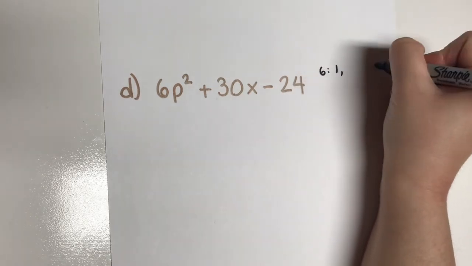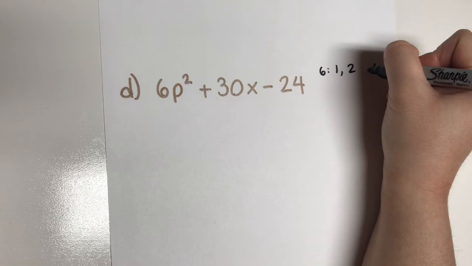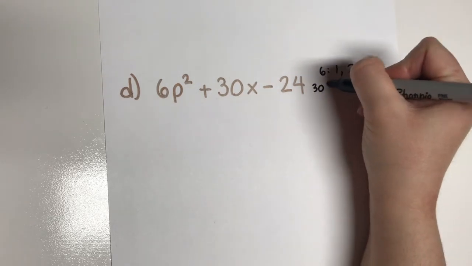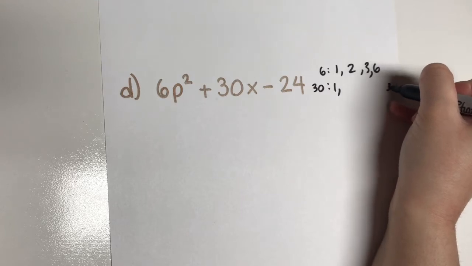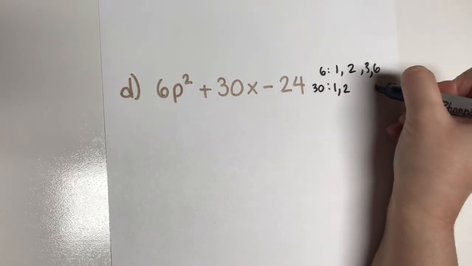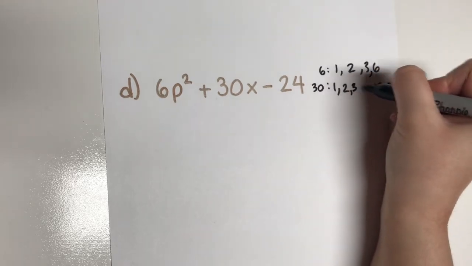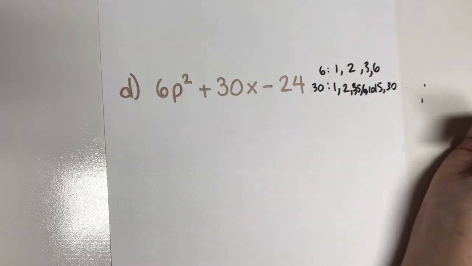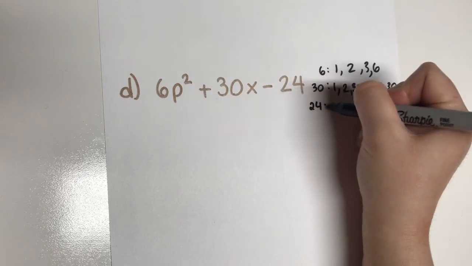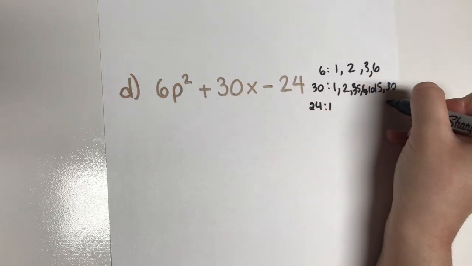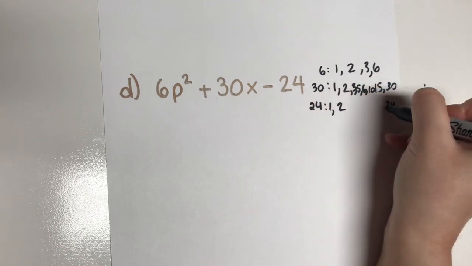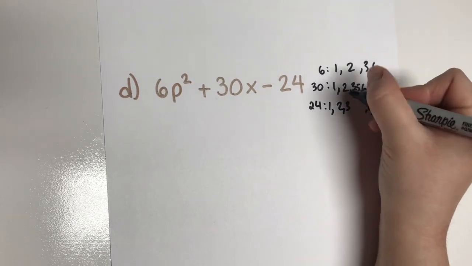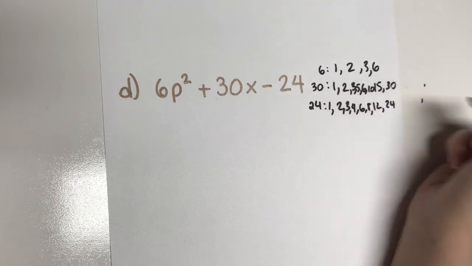So for 6: 1 and 6, 2 and 3, and that's it. For 30, the factors are 1 and 30, 2 and 15, 3 and 10, 5 and 6. And for 24, the factors are 1 and 24, 2 and 12, 3 and 8, 4 and 6.